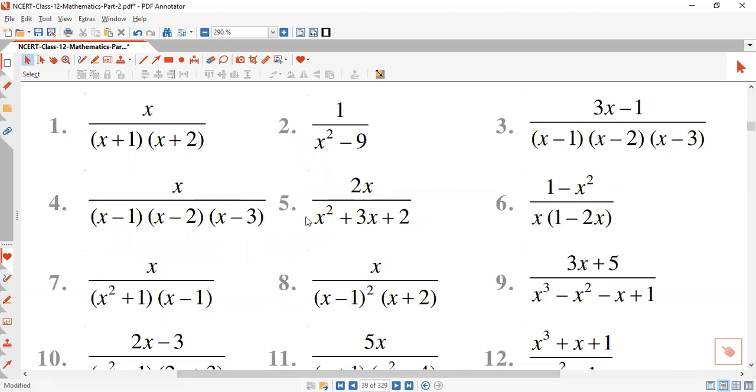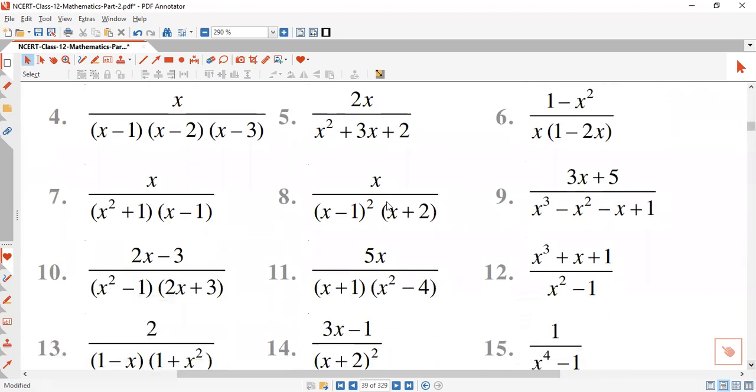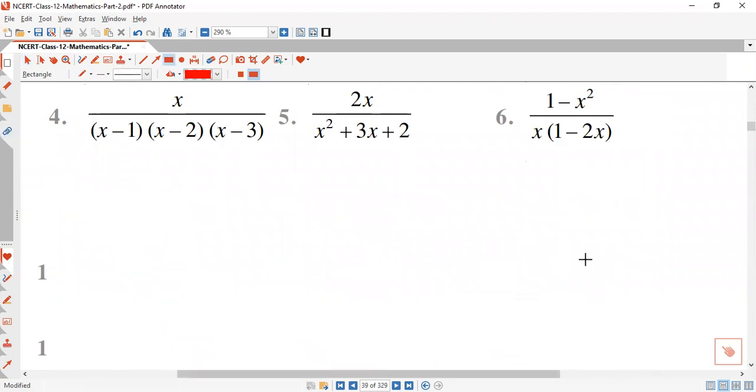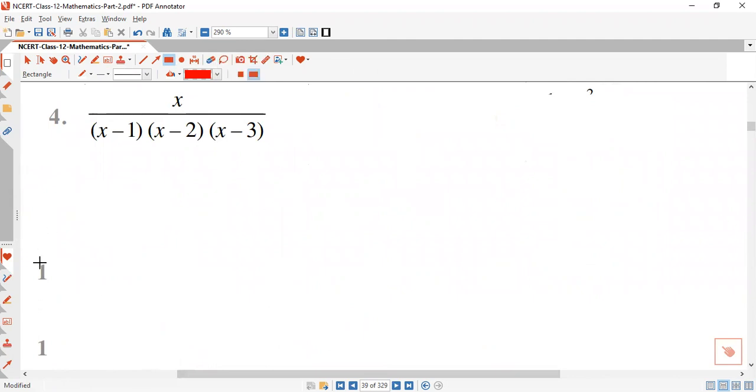Come to question number 5. First we'll do question number 4, no doubt, whether on a similar line or not. We want to do the integration of that part. So I would like to do the partial fraction of that part.